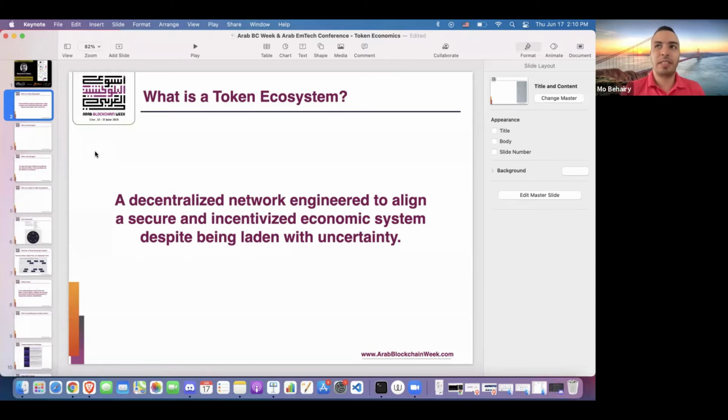Banks, for example, make sure that if I'm sending money to, let's say, Fawaz, he just joined, then they make sure that I have the money, remove it from my account, and then give Fawaz the money and make sure his new balance reflects that he received the money I sent him.